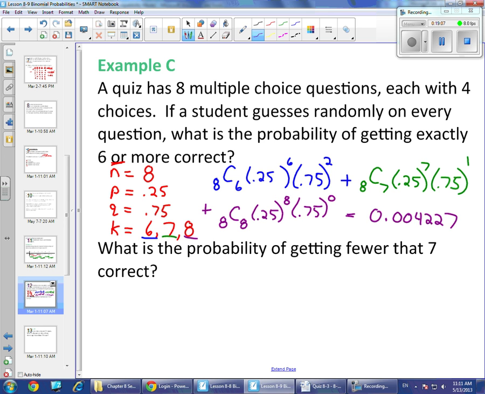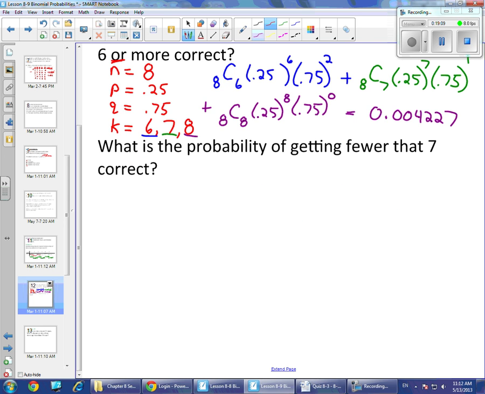I'm just going to set it up the exact same way. How many trials do I have? 8. What's my probability of success? 0.25. What's my probability of failure? 0.75.